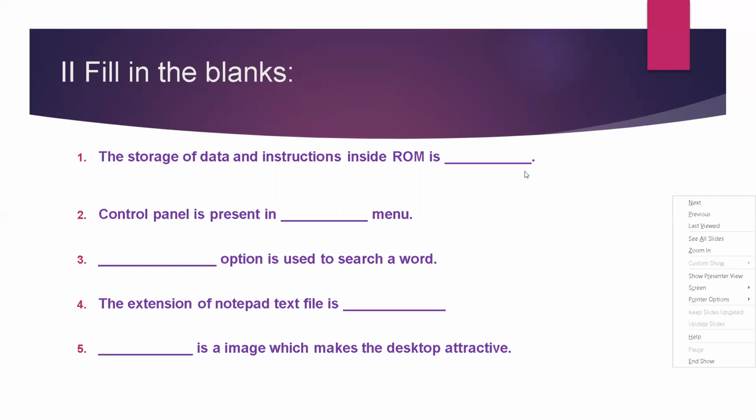Read only memory. R means read, O means only, M means memory. Here in ROM, the storage of data and instructions inside the ROM is permanent. So what is the answer here? The storage of data and instructions inside ROM is permanent.